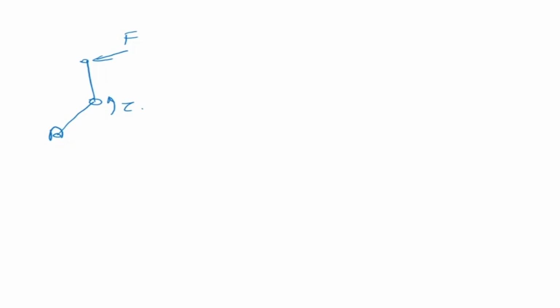Now we know from the principle of virtual work that this force will cause a very small displacement del x here. And because of this force there will be a torque, and this torque will have a very small displacement del theta.